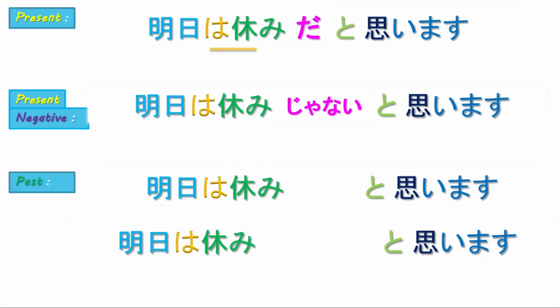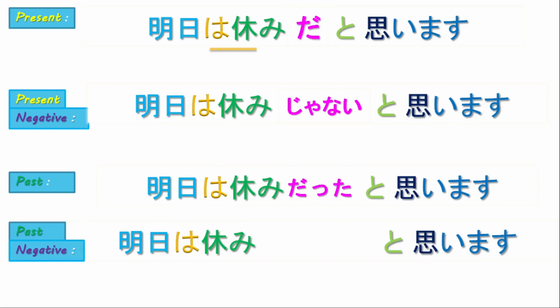In the past tense, we add datta, just like we saw. Ashita wa yasumi datta to omoimasu. And in the past negative tense, we use janakatta. Ashita wa yasumi janakatta to omoimasu.